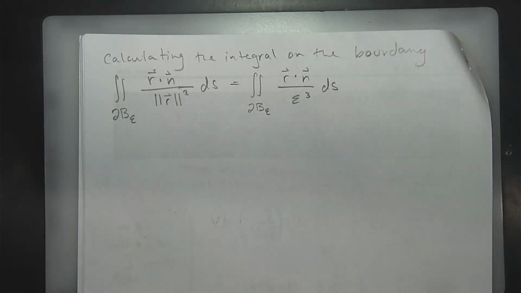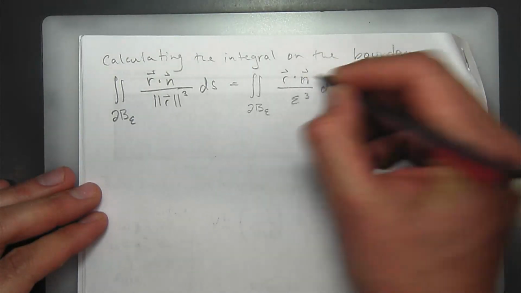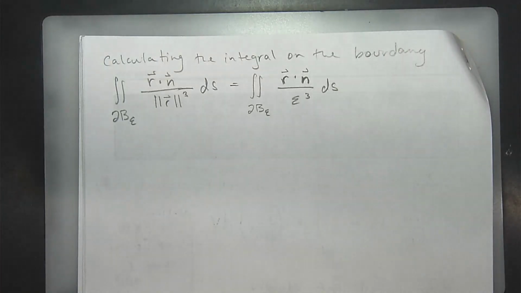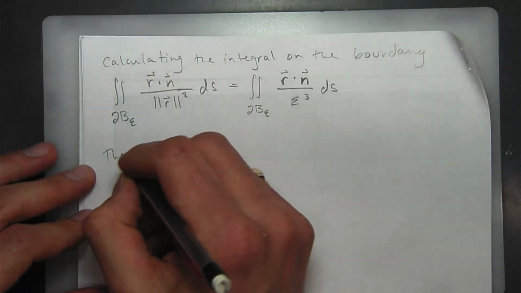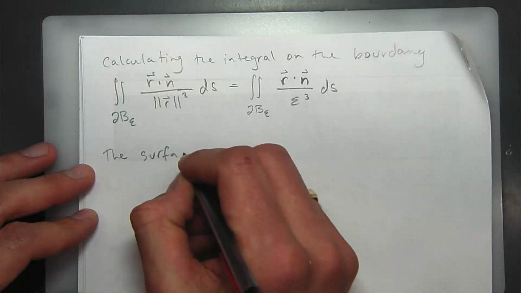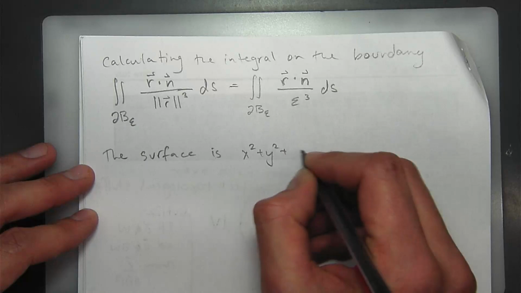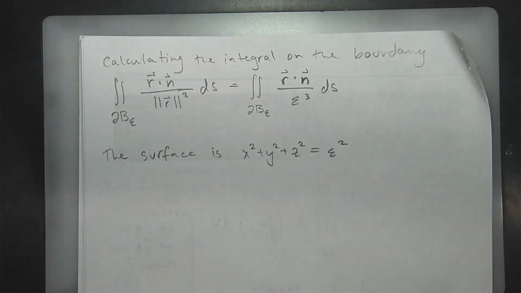Okay, and now we have to be a little bit careful with our norm, or sorry, our normal vector. Right, so our surface is this guy.